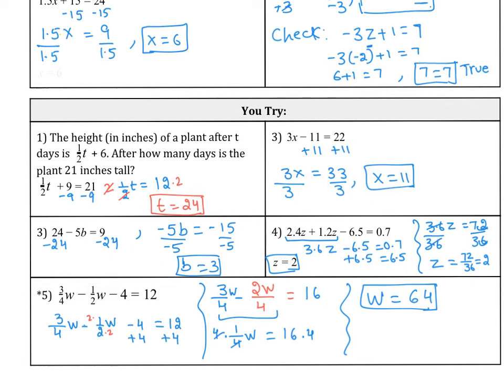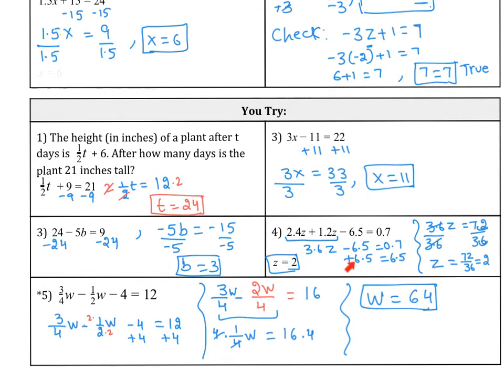Let's discuss number 4 here. You're going to combine the like terms, 2.4z plus 1.2z, and when you add them together, you get 3.6z. Now you want to get rid of this number because we want the variable on one side and the number on the other side. To bring it to the other side, you add 6.5 on both sides.